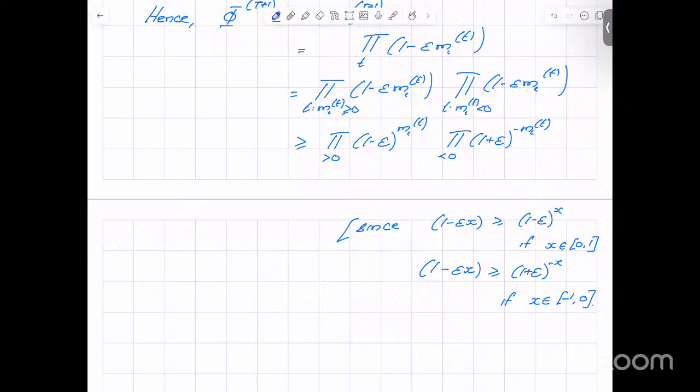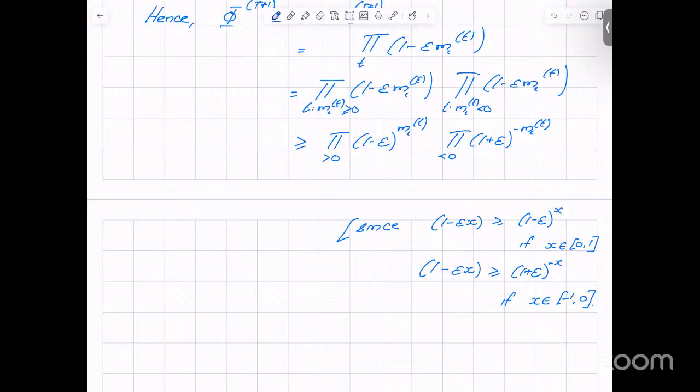Do you quickly see why this is true? I don't see it right at the top of my head, but these are the inequalities there.